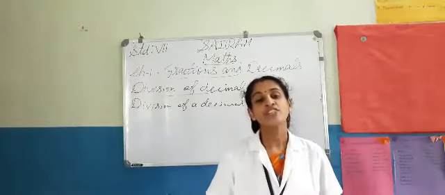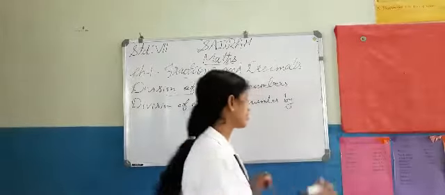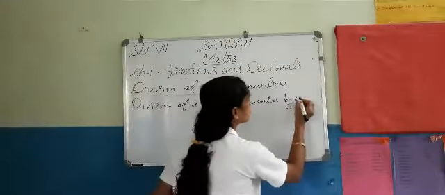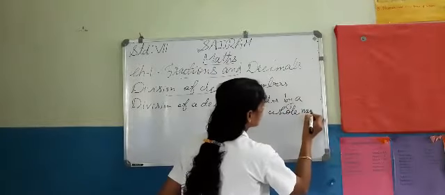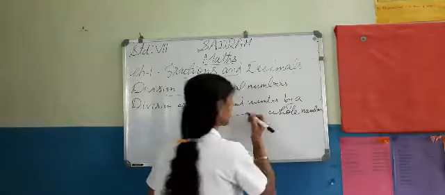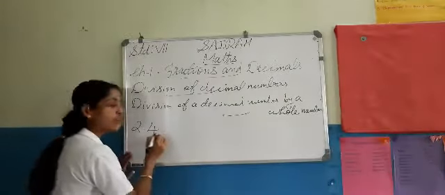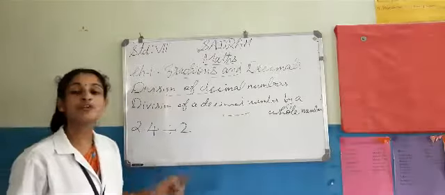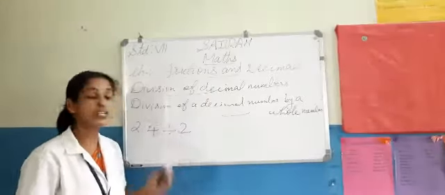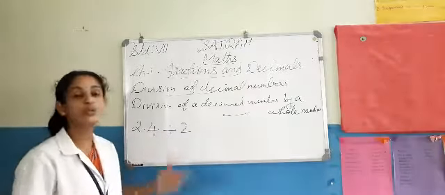Next is division of a decimal number by a whole number, or natural number, we can say. Consider an example. 2.4 divided by 2. Here 2.4 is a decimal number, 2 is a natural or whole number. We have to check how to do it.